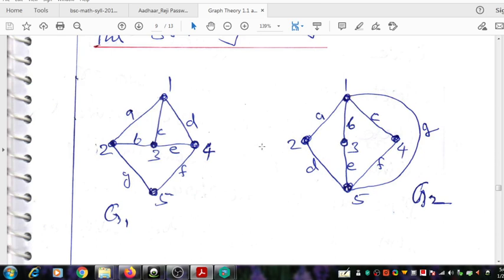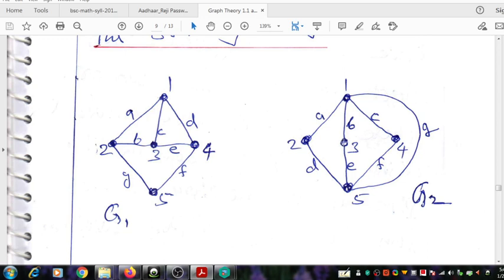In a similar way, I think you can start at any vertex and complete this travel, but excluding one vertex. See, take this example. That also is possible.